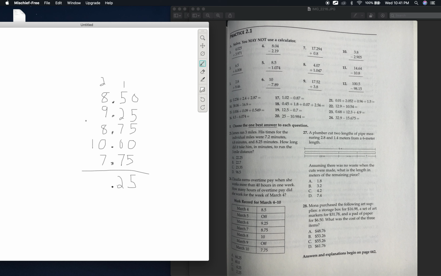Okay. 3 plus 1 is 4, sorry. And there's your answer, 44.25. So that would be letter A. Okay, almost done here, guys. Bear with me. That was a long one.